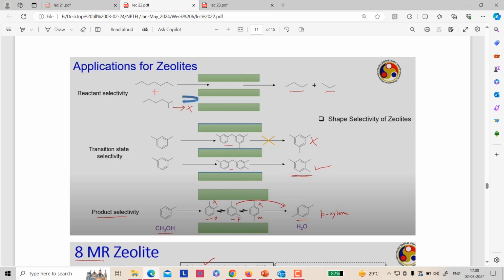So it produces 1,2,5 trimethylbenzene. So this structure is not accepted even if the molecular formula is the same for both cases. Here it is not produced, but 1,2,5 is produced. Trimethylbenzene is produced. So you can see in the transition state itself, it is decided whether this will be formed or this will be formed. Okay, so this is how the zeolite works.